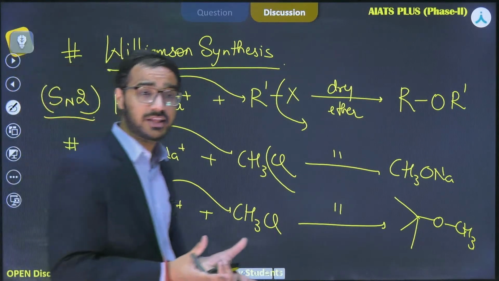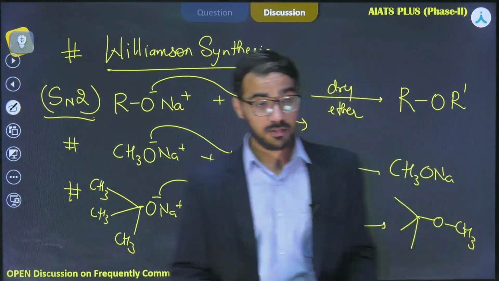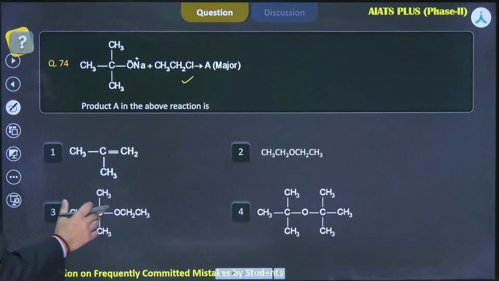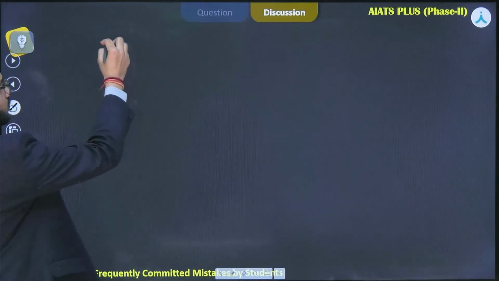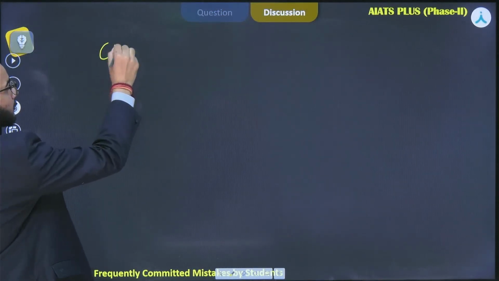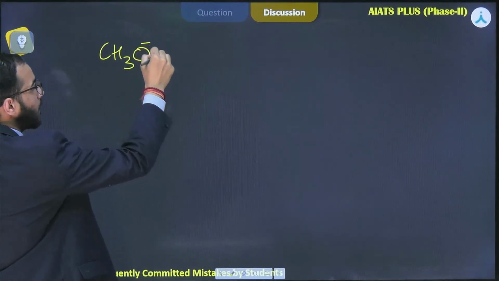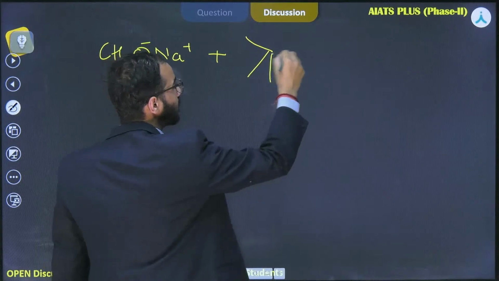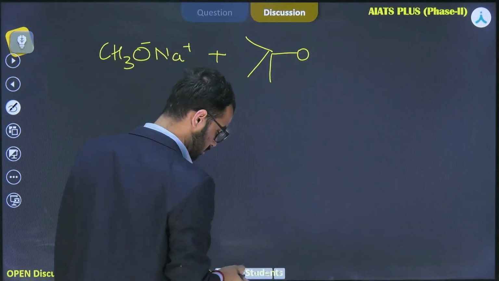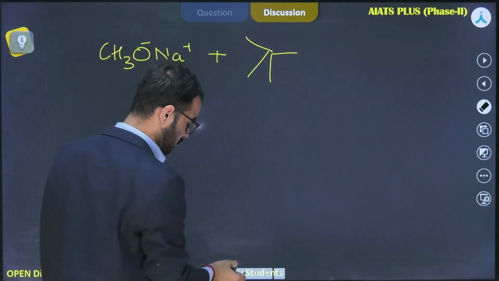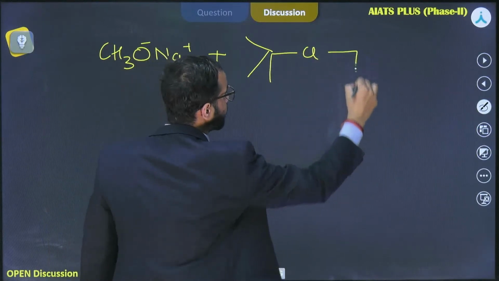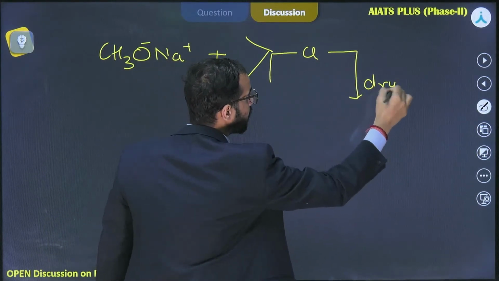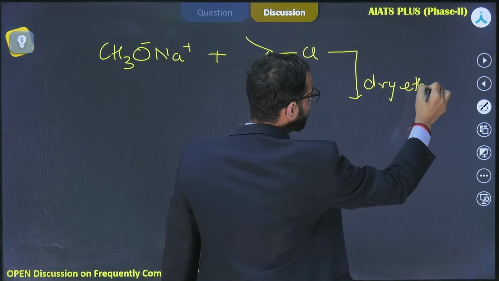So what will be the case when you take CH3O minus Na plus, and you are reacting with Cl in the presence of dry ether?